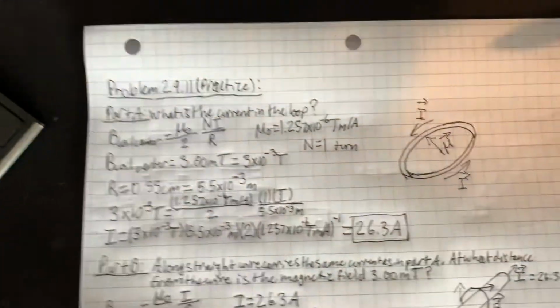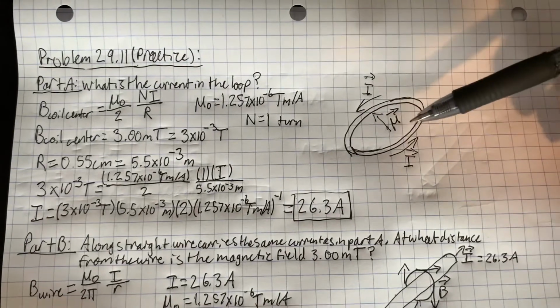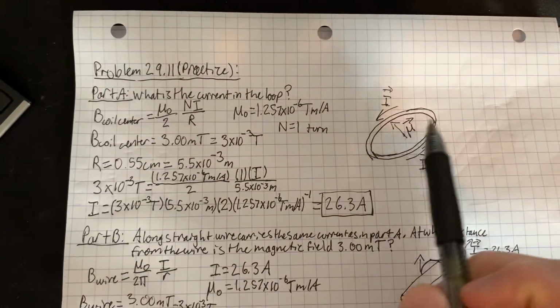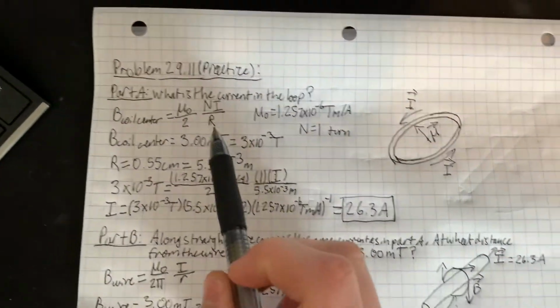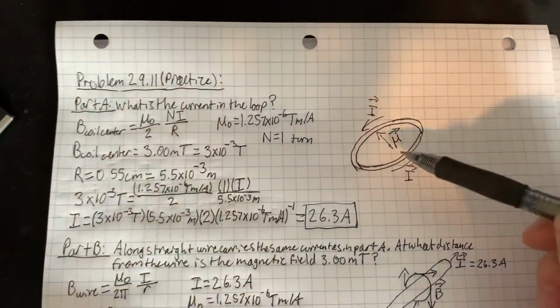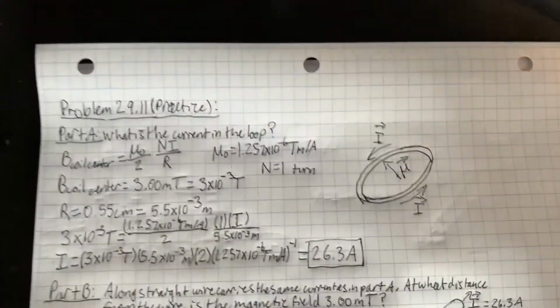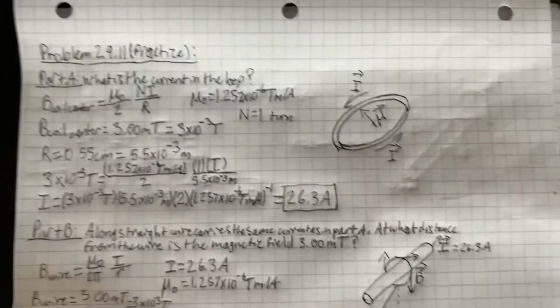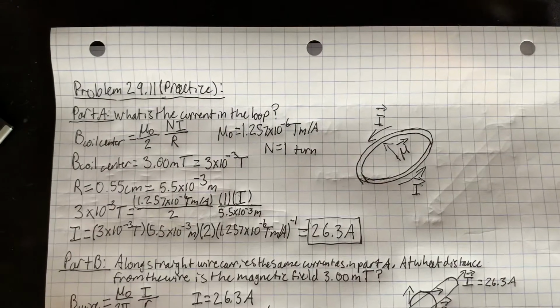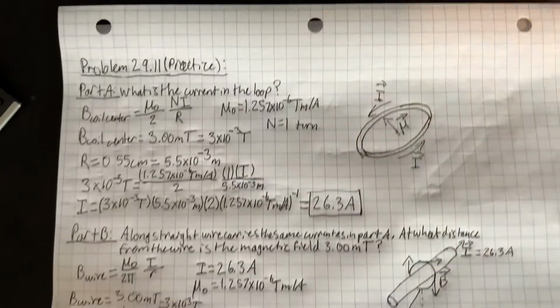If you're a distance z out, there's a different equation for that, whereas in the center, it's just based on the radius of the loop. So yeah, that's part A. I apologize if it's a little bit confusing. Hopefully everything is written down neatly enough.